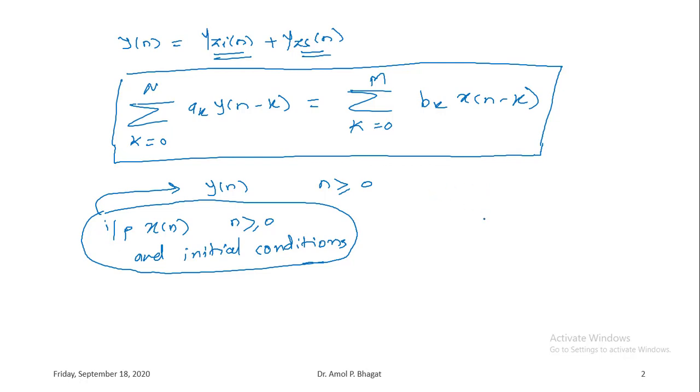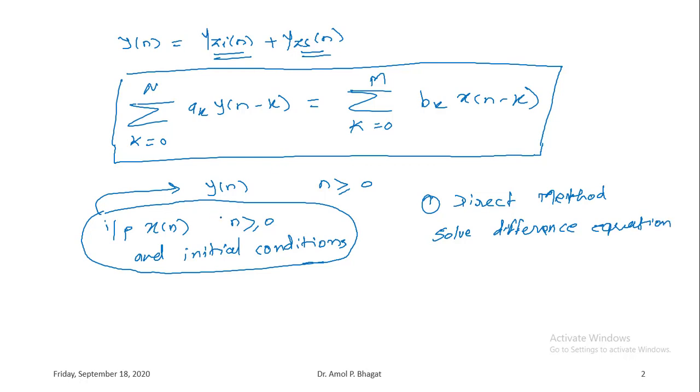So there are two methods. The first one is the direct method, where you can identify the solution of the given difference equation. We get the total response, that is y of n, by solving the given difference equation. So in the direct method we solve the difference equation to get the total response of the system.